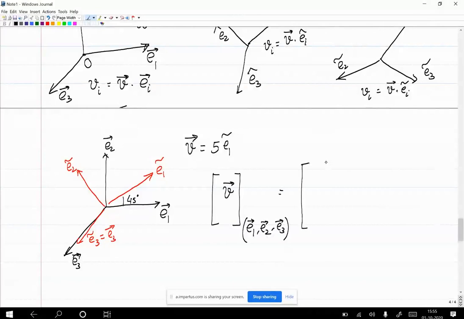And then write down the 3 components: V dot E1, V dot E2, and V dot E3. So what does this become here? You will see that this is 5 by root 2. This is also 5 by root 2. And this is 0.